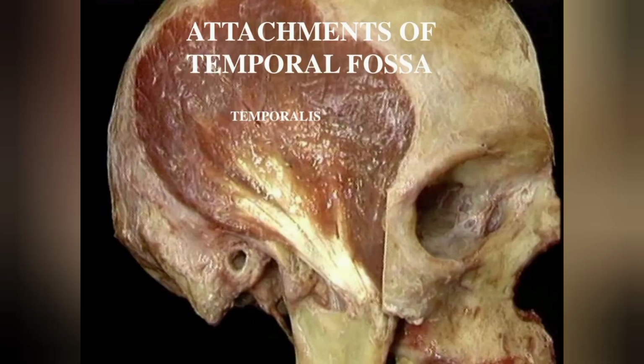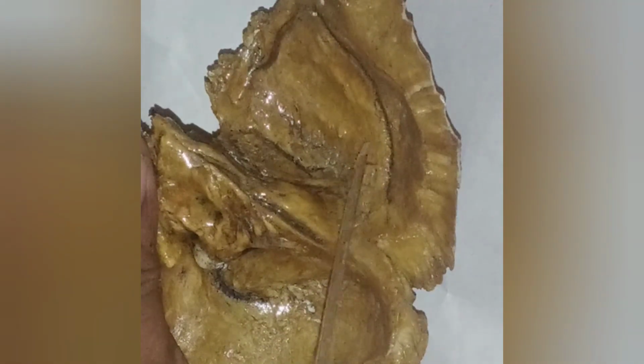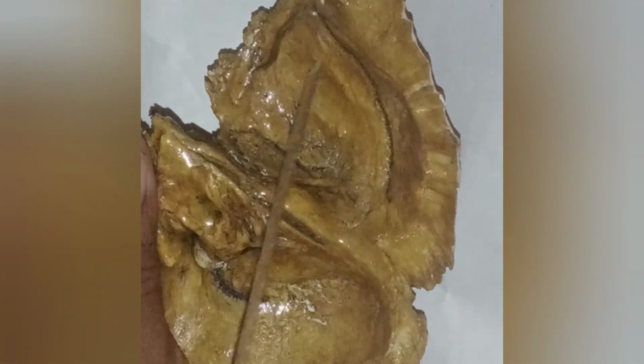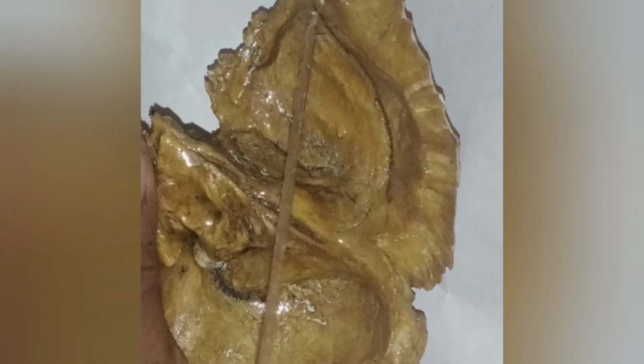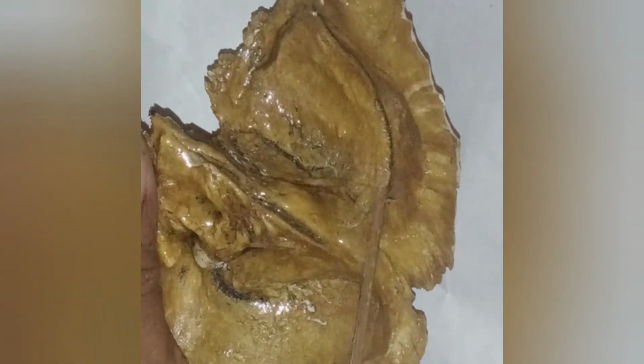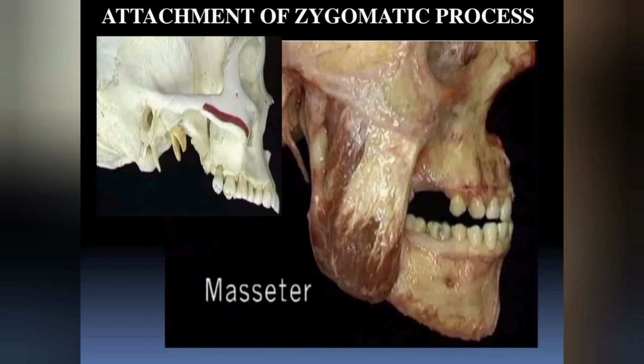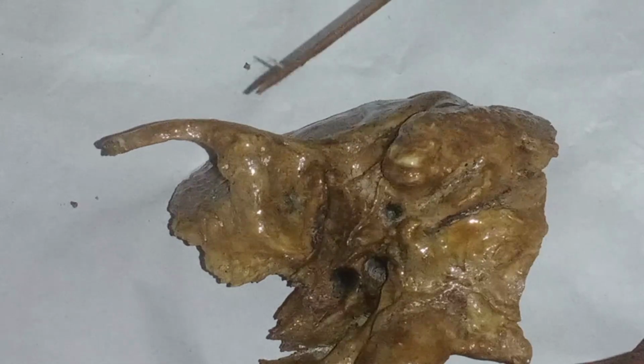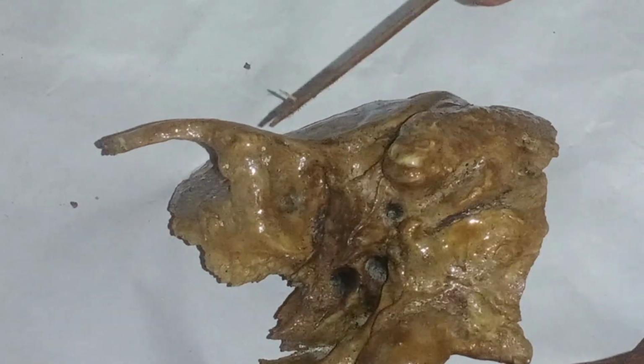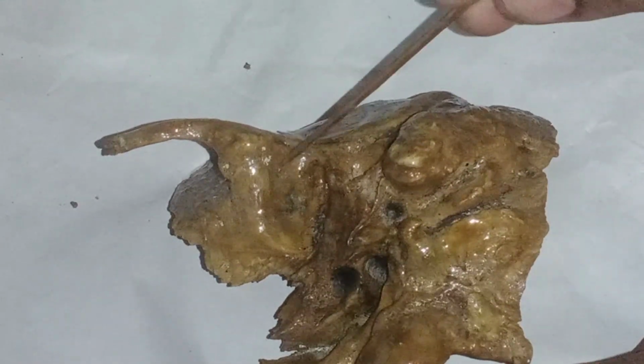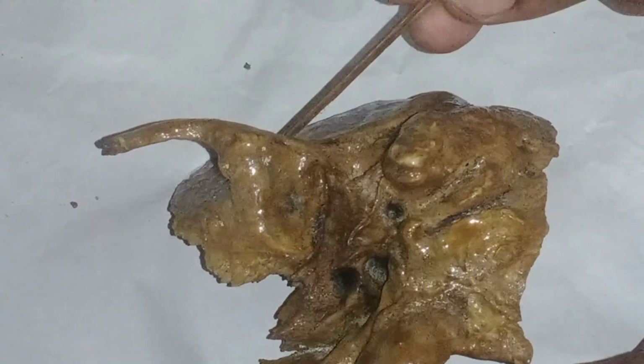Temporal fossa gives origin to temporalis muscle. Internal surface is related with the temporal lobe of cerebrum. It has a groove for the middle meningeal artery. Anterior part of the zygomatic process gives origin to masseter muscle. Posterior part of the zygomatic process has two surfaces, an inferior surface and a superior surface.